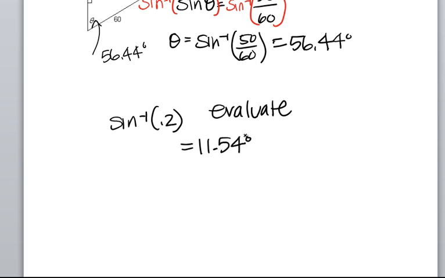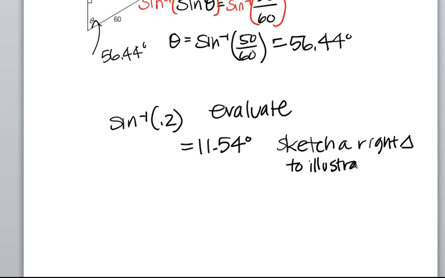If I want to sketch a right triangle, this corresponds to 23 to 28 in your book, sketch a right triangle to illustrate. Let's take a look. So I know that my ratio of opposite over hypotenuse is 0.2.